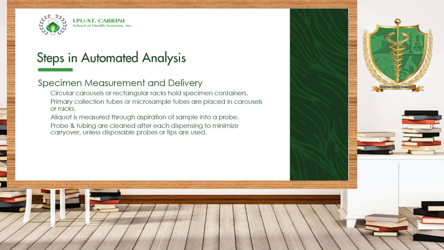Now, when we say aliquot, it is the measured aspiration of a sample into a probe. So, ano pong ibig sabihin niyan? I will show my whiteboard so that you will be able to know ano po bang ibig sabihin ng aliquot na yan.